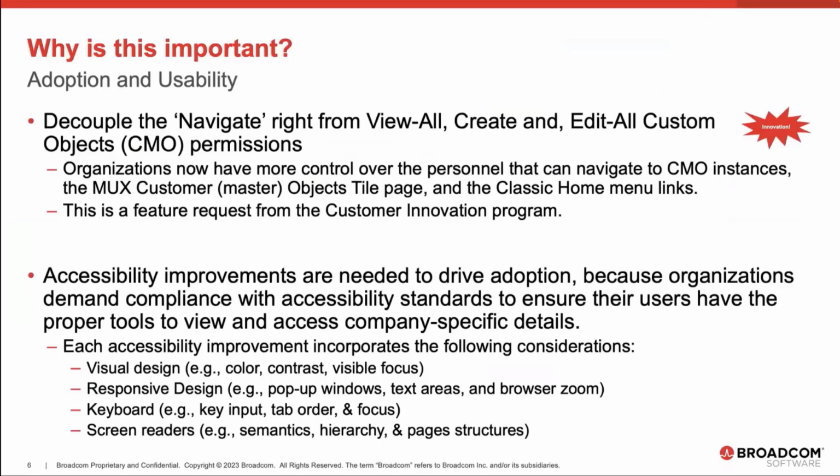Each of the accessibility improvements is needed in order to drive adoption. Organizations demand that software vendors comply with accessibility standards to ensure all Clarity users have proper access to perform day-to-day tasks. So each of the accessibility improvements considers these four pillars of visual, responsive design, keyboard navigation, and screen readers.